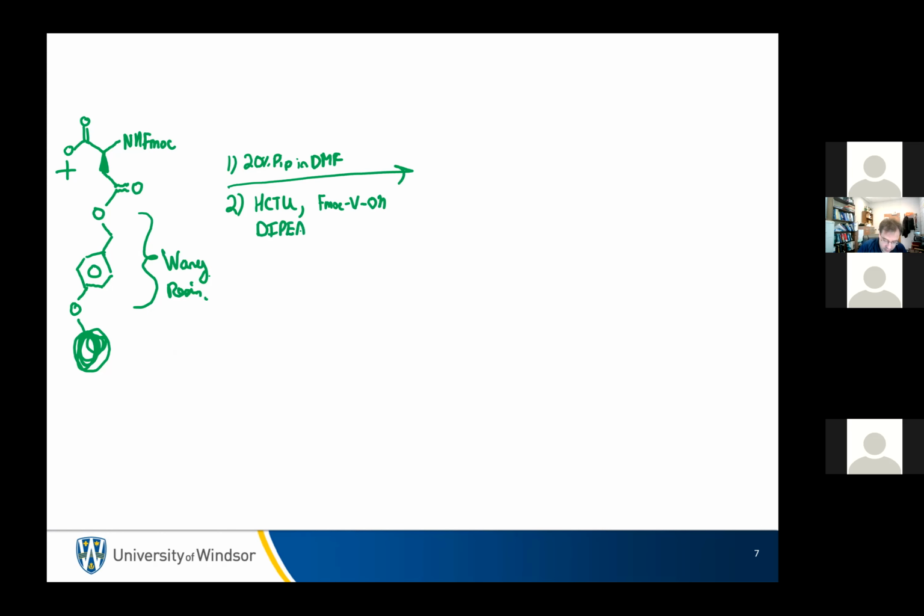It's my coupling agent, my amino acid, my base that I need for that coupling. And that's going to then add my valine. Not going to draw them all out, we'll just do this first one. Just because it doesn't hurt to have a few more examples in the bag of ways to do these.